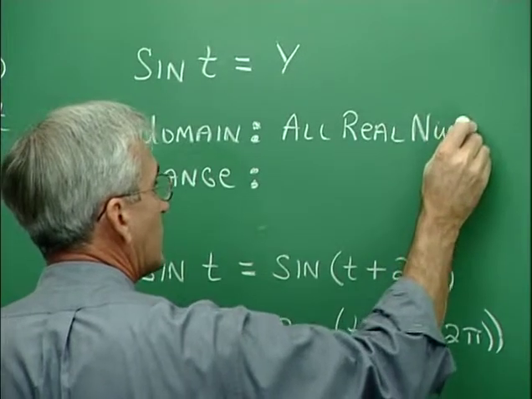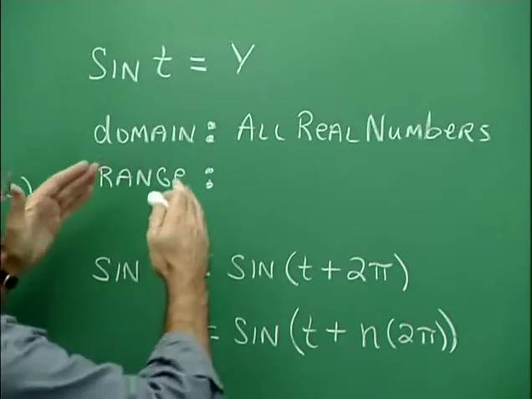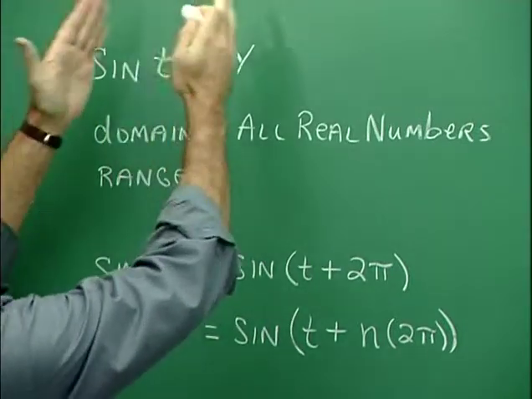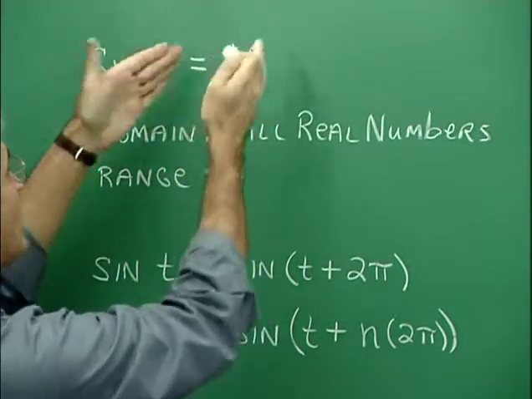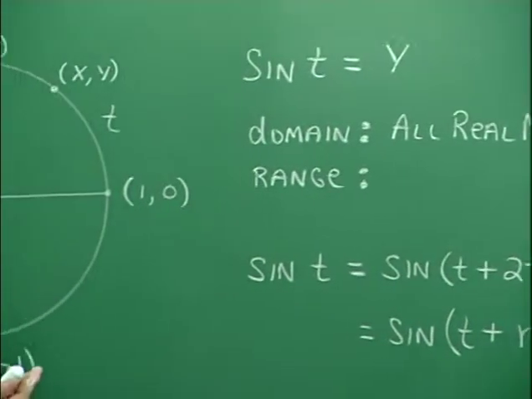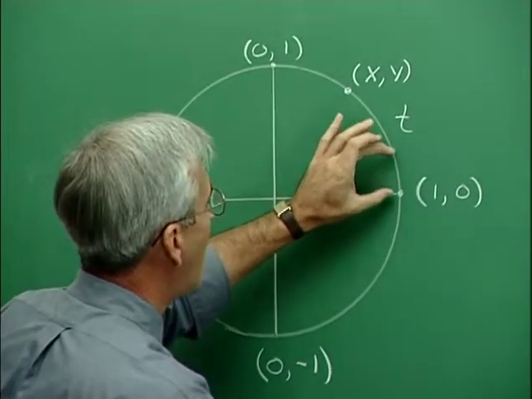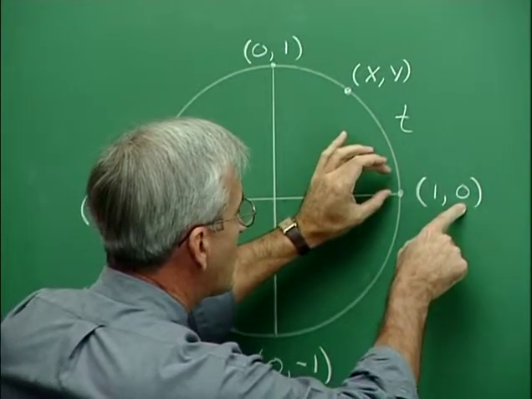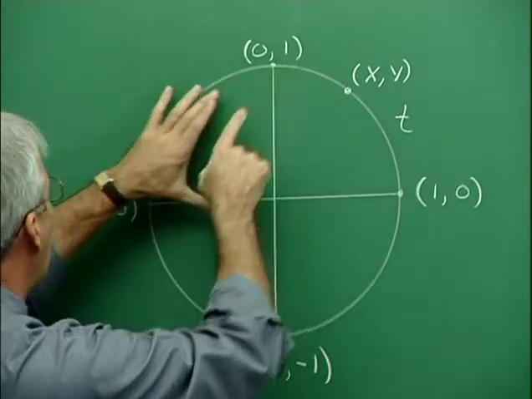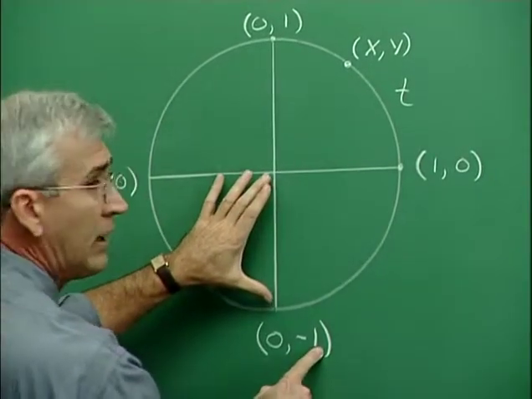What about range? Well, range refers to the values that y takes on. Now, what values do we get when we take the sine of real numbers? We can examine that pretty easily over here. The sine is associated with just a y value, and that y value changes from 0 to 1 in the first quadrant, from 1 to 0 in the second quadrant, from 0 to -1 in the third quadrant, and from -1 back to 0 in the fourth quadrant.